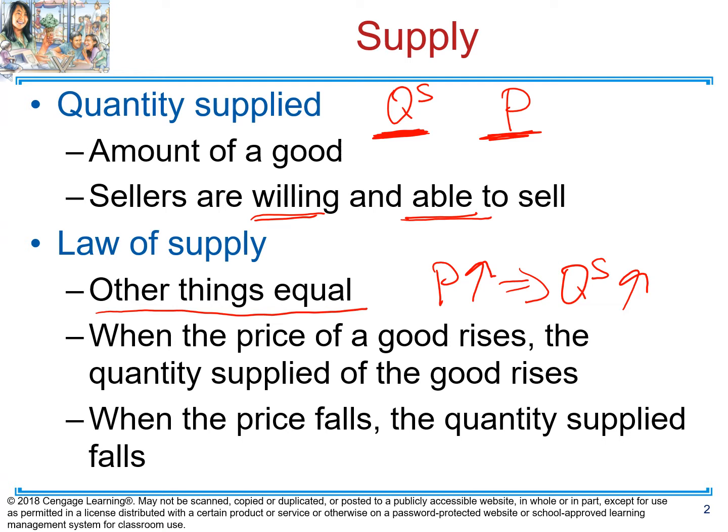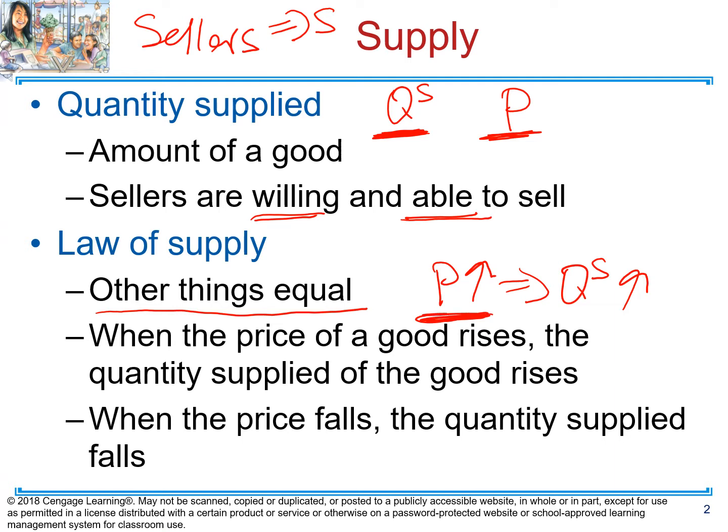Guys, remember, we already know that sellers determine supply on the market. So when we're talking about supply, you need to think from the seller or producer point of view. What would a seller or producer do if the price of the product is changing? Well, remember, a seller all the time wants to sell the product at a higher price.